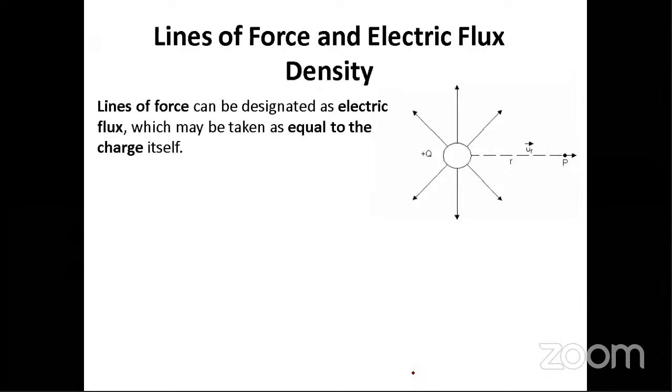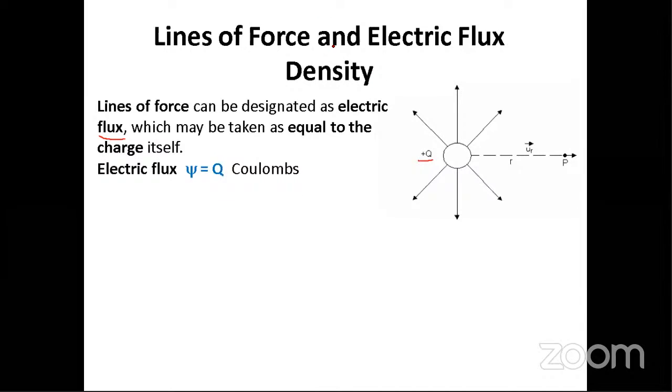Now I want to give you the concept of lines of force, which is equivalent to the charge and electric flux density. Lines of force can be designated as electric flux, meaning the number of lines equals the magnitude of the charge itself.